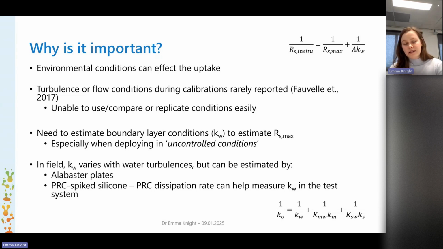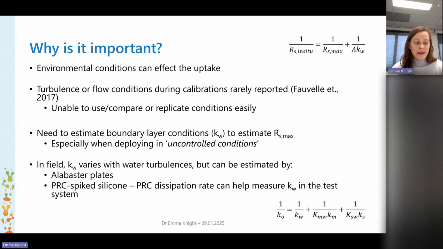So your RS max is ideally close to your RS in situ in the calibration, where we have maximum efficiency, but it isn't always. Plus our surface area of the sampler, times this water boundary layer. So we need to estimate the water boundary layer, or KW, to estimate RS max, especially when we deploy in uncontrolled conditions, so environmental conditions.